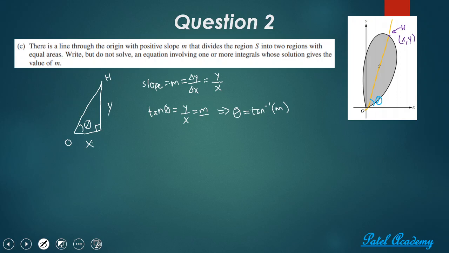what can we do? Well, the area of this first region, so on the graph, I'll color that in green, I guess. Sorry, you can't see that. I'll use the darker green.